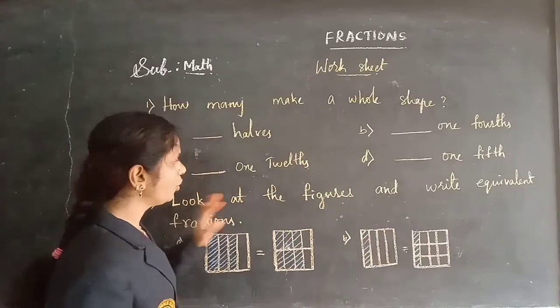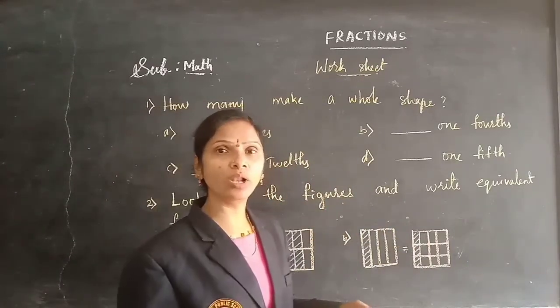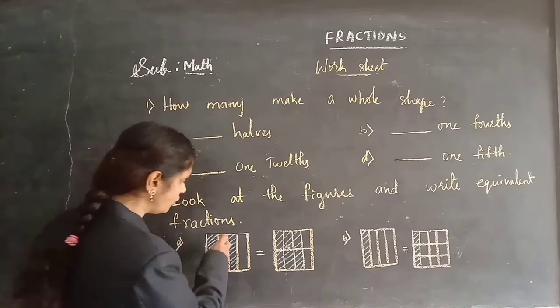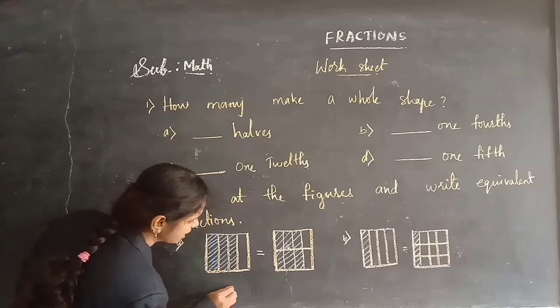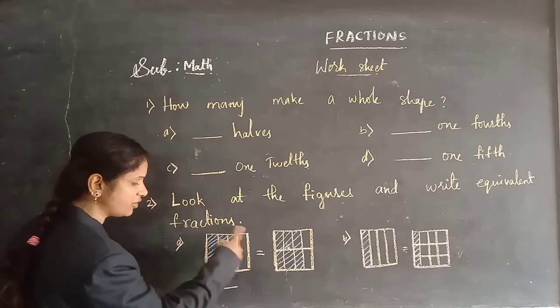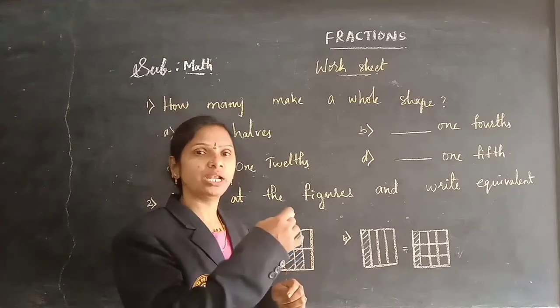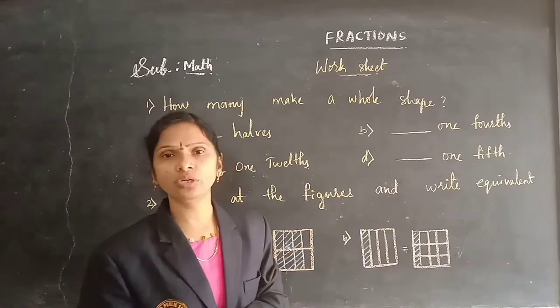Now look at the figure and write equivalent fractions. So equivalent fractions you need to write, children. Here you need to write the fraction for the figure, which you know already: numerator by denominator, means shaded parts by total parts.